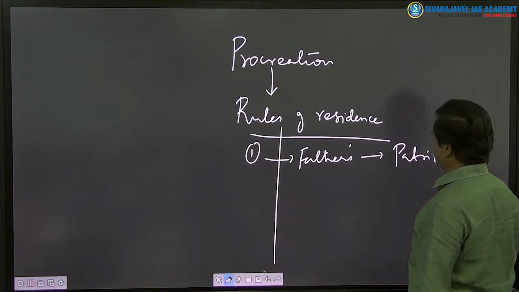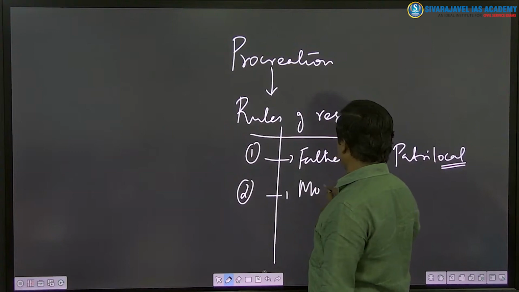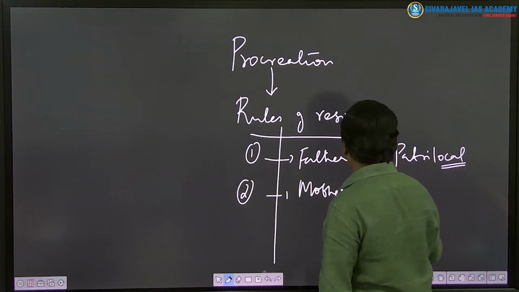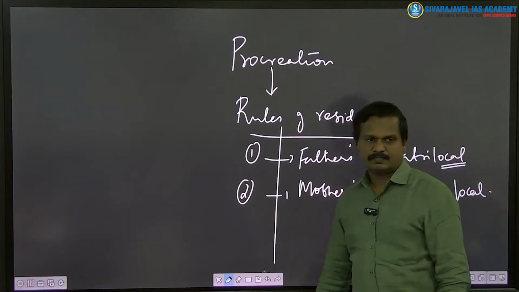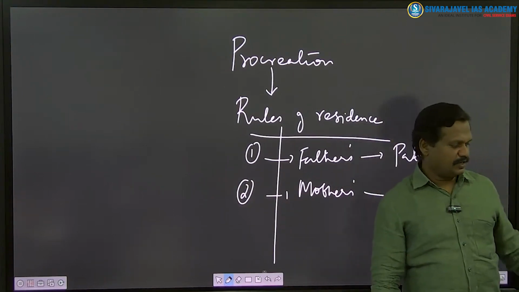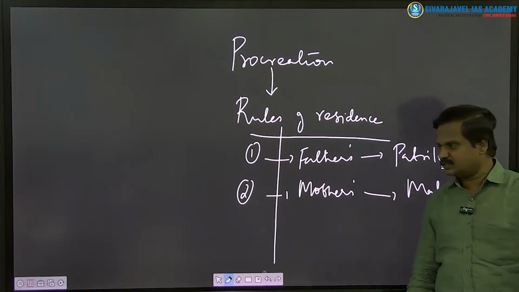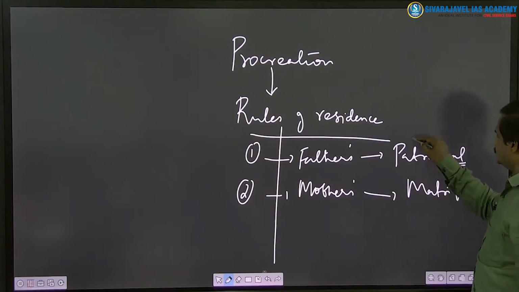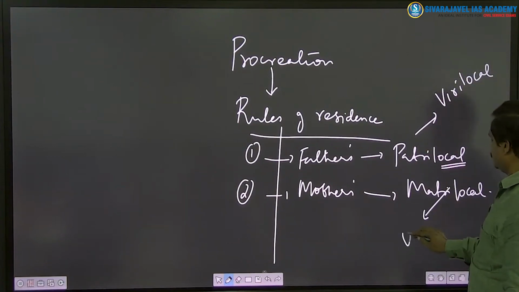Local means residence. If you stay in your mother's house, it is matrilocal. Patrilocal is otherwise called virilocal. Matrilocal is otherwise called uxorilocal.